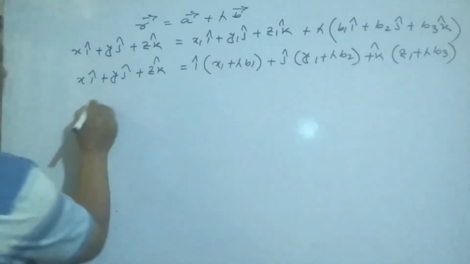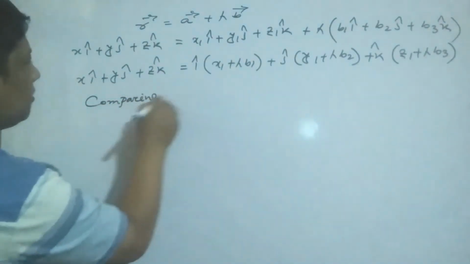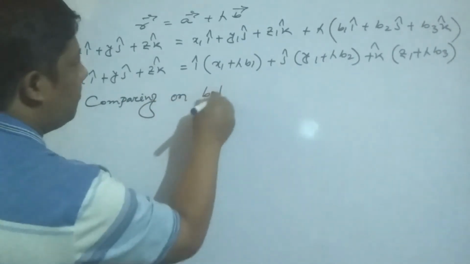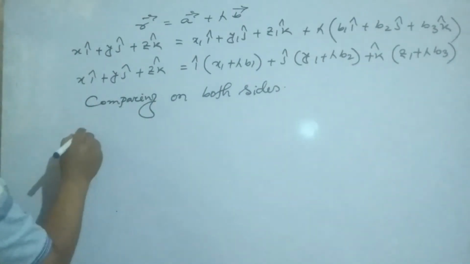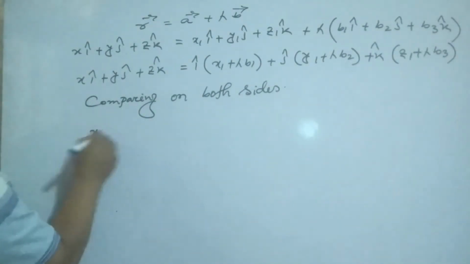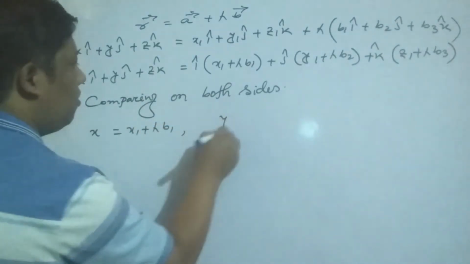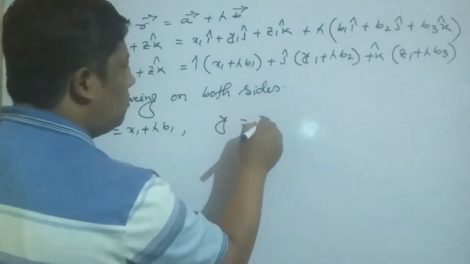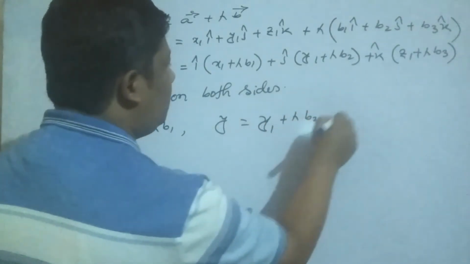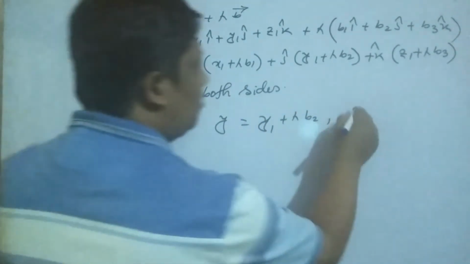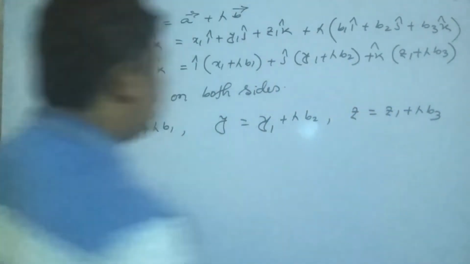So comparing on both sides, I get x equal to x1 plus lambda b1, y equal to y1 plus lambda b2, and z equal to z1 plus lambda b3.